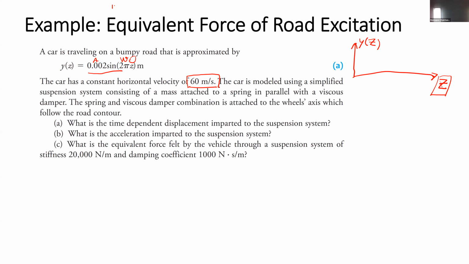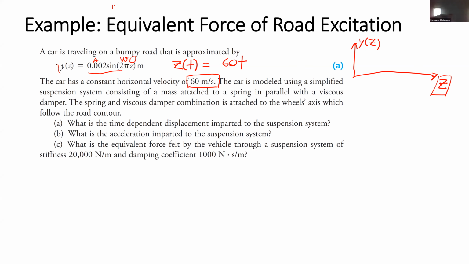So what should be the z as a function of time? The position as a function of time is the velocity multiplied by time. So z is 60 multiplied by t.